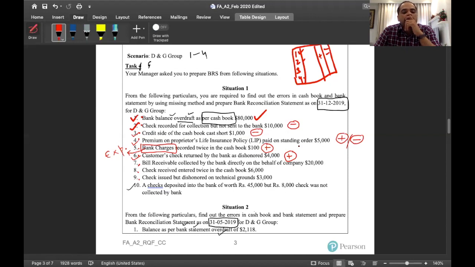Bills receivable collected by the bank directly on behalf of the company, 20,000. Positive. Everybody positive? Okay. Positive.